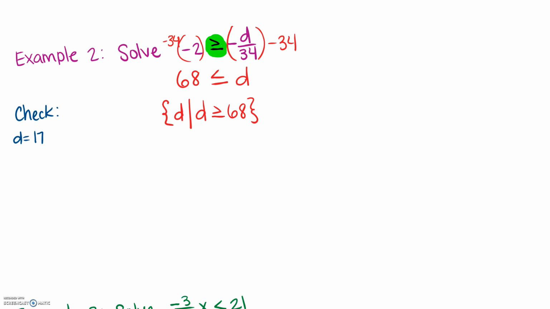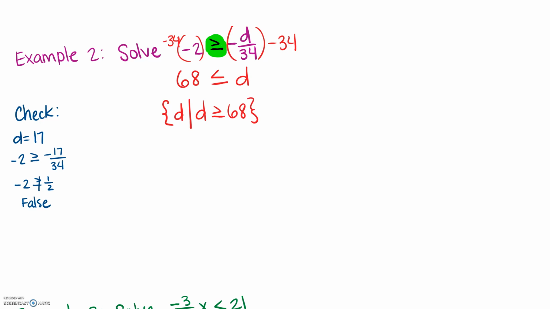When I do that, I have -2 is greater than or equal to -17 divided by 34. -17 divided by 34 gives me positive 1/2, and positive 1/2 is not less than -2, so that is false. All right, so that checks out.